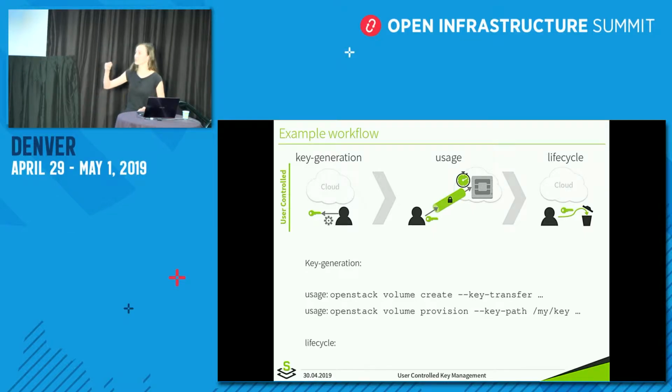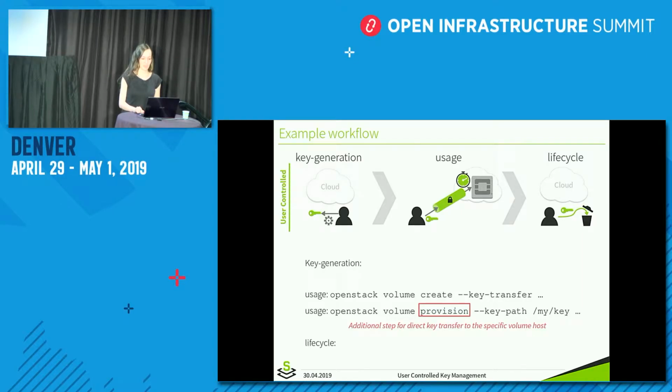So the user has to actually do the provision step when the host is already known, and he can transfer the key directly to the host, which is only then used for the encryption of the volume and dropped later off. Also, the deletion of the key is up to the user, and this doesn't have to have anything to do with the cloud. Here you can see I've actually highlighted this provision step because it's an important step.